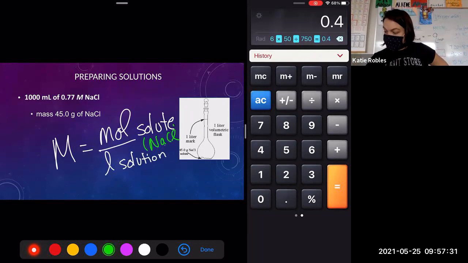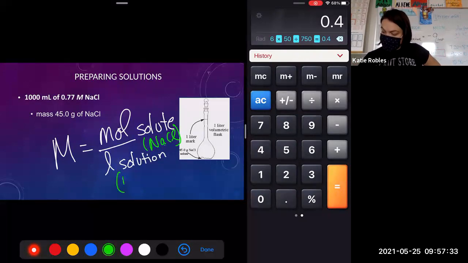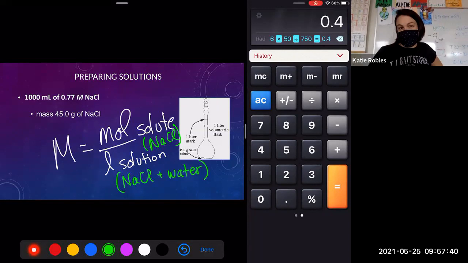The solution is NaCl plus water. So that's just a picky thing that I wanted to remind you of when you're doing this.